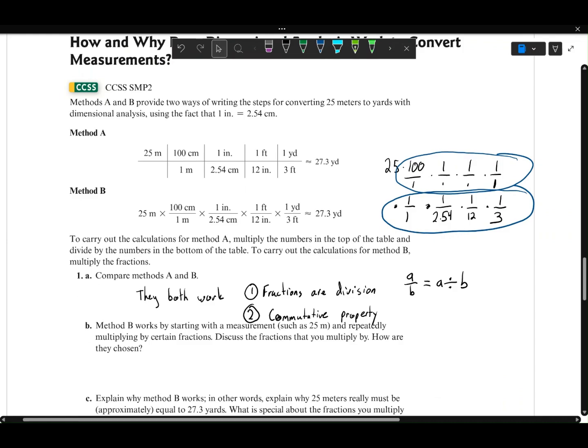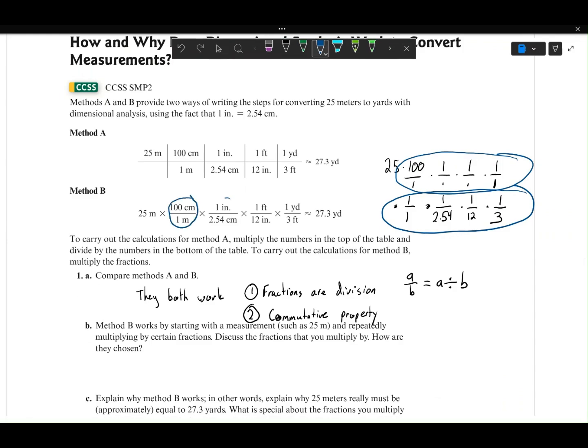Now, let's look at the fractions we multiply by in method B. There's something special about them. These are all known conversion factors, but remember, one way we think of conversion factors is as an equal exchange, that 1 meter is equal to 100 centimeters.